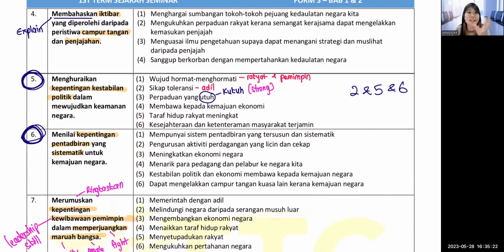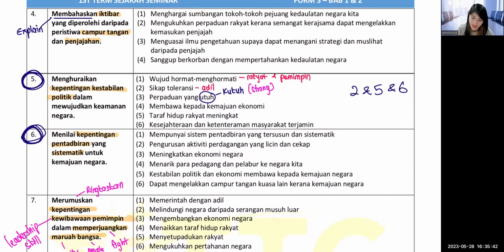Okay, Sejarah doesn't actually care about your grammar mistake. But your sentence cannot be too cacat, too cacat. They don't understand your sentence and they don't give you marks. Understand? Can? All right.